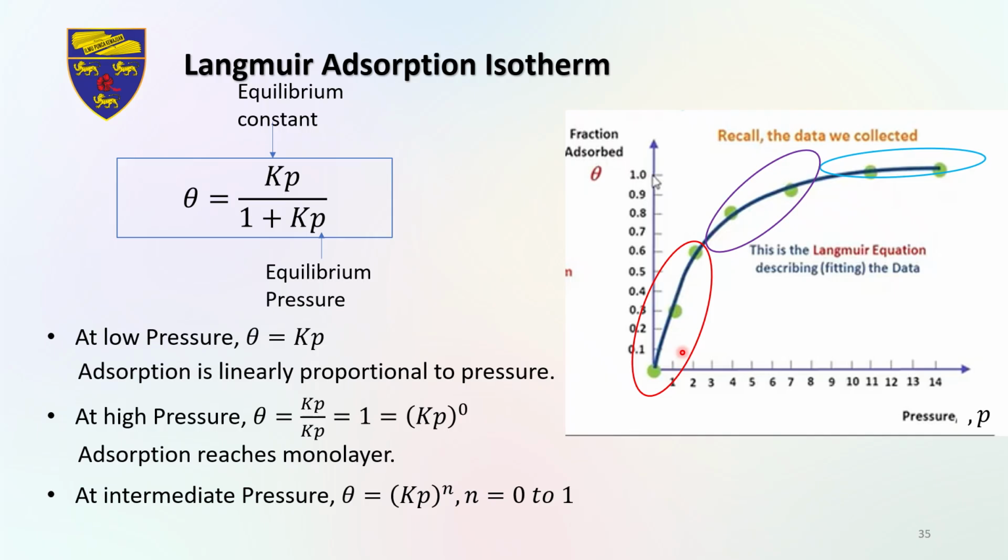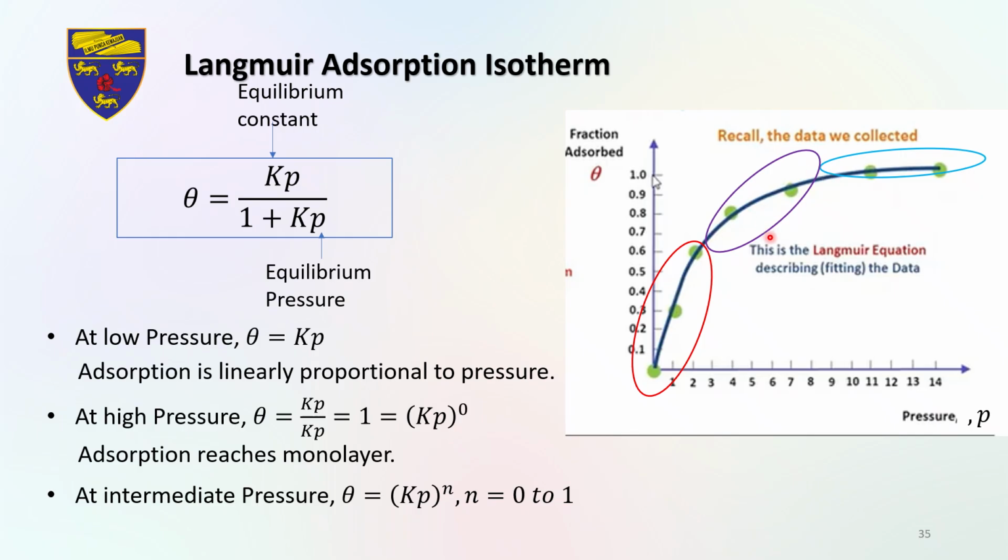pressure. While at a very high value of pressure, theta is equal to 1 because Kp over Kp is equal to 1. So at very high pressure, the amount of gas adsorbed on the adsorbent does not depend on the pressure, meaning that when you further increase the pressure, it will not change the fraction adsorbed.